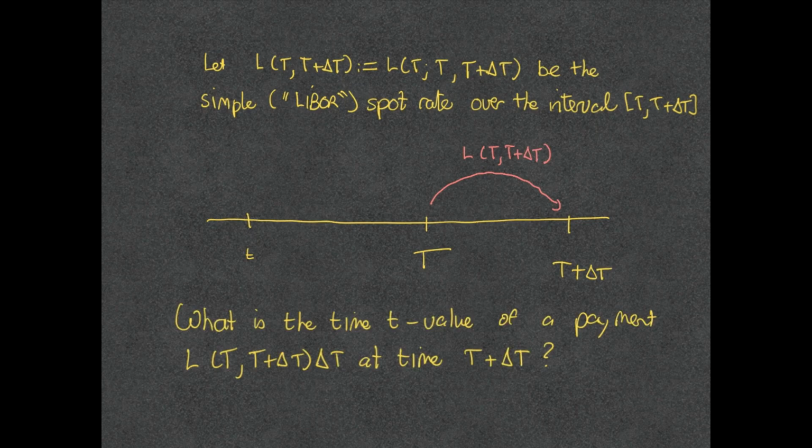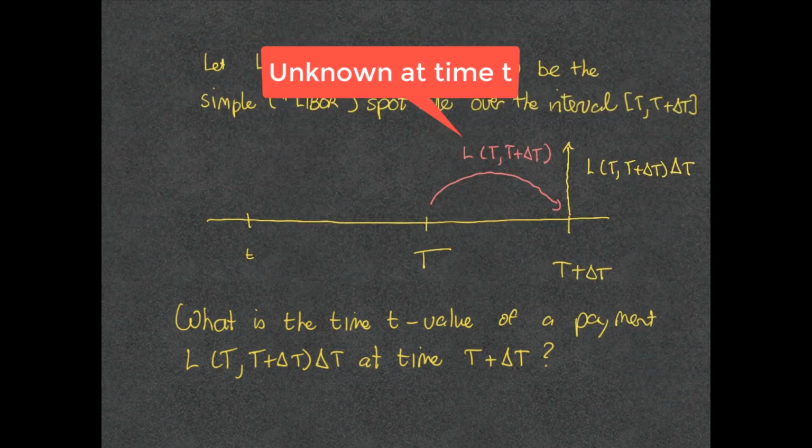Our question is, what is the time little t value of a payment L(T, T plus delta t) times delta t at the time T plus delta t? Recall that the then prevailing spot rate is actually stochastic and therefore will not be known until time capital T.